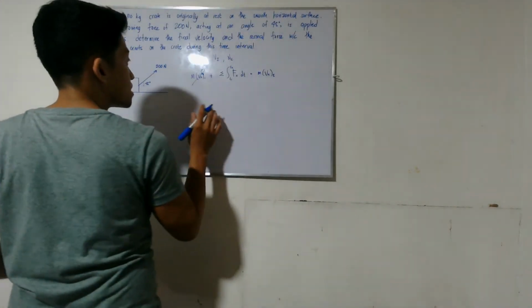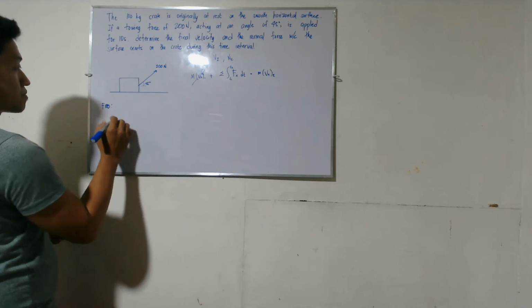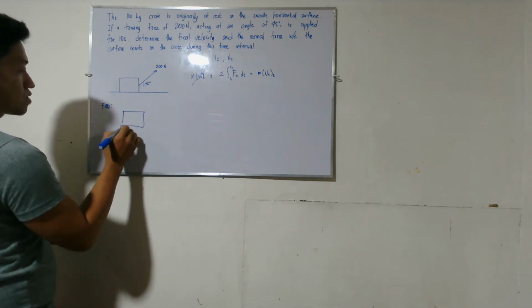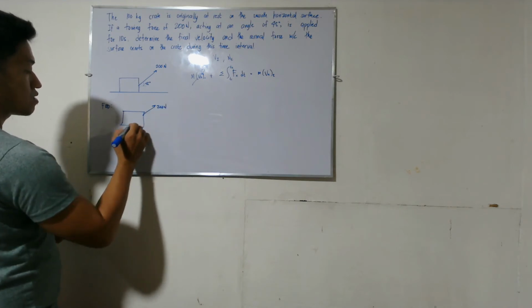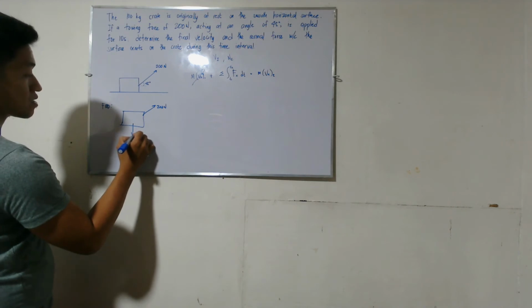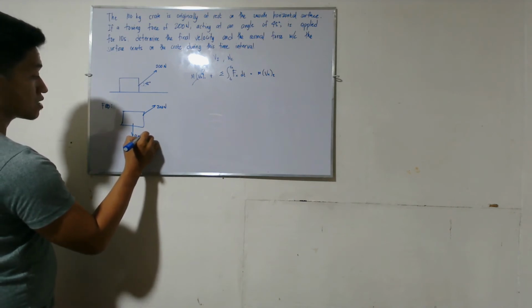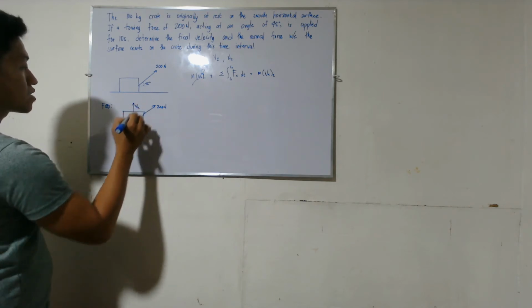Now we will draw first the free body diagram. So we have the force, we have the weight, 100 kilograms, so this is 981 Newton, and the normal component.